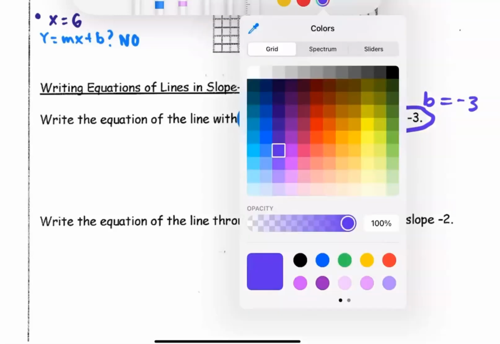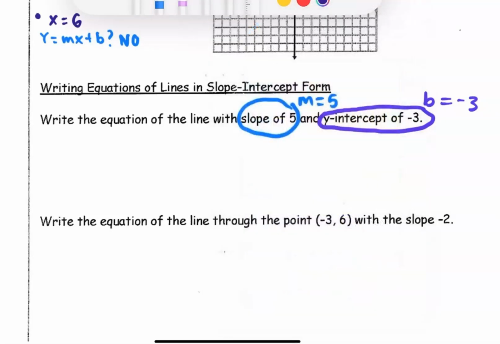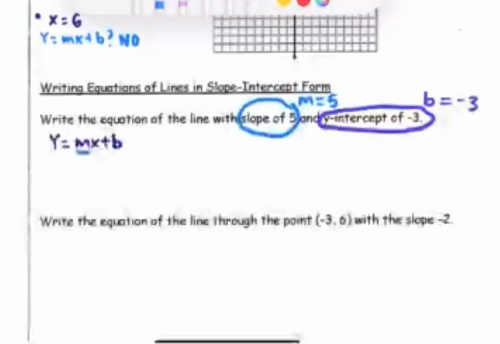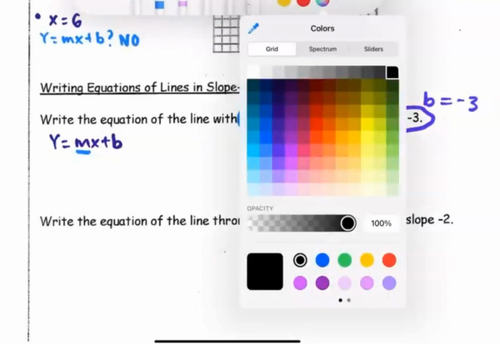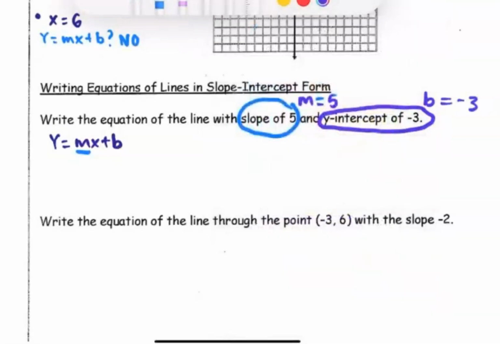Once I have that, I need to make my equation look like y is equal to mx plus b. Instead of saying m, I'm going to say 5 from back here. And instead of saying b, I'm going to say negative 3 from back here.